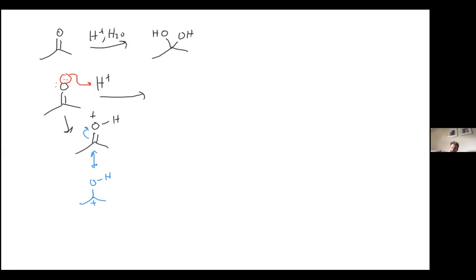So in water, our water can come in and attack at our carbonyl center.